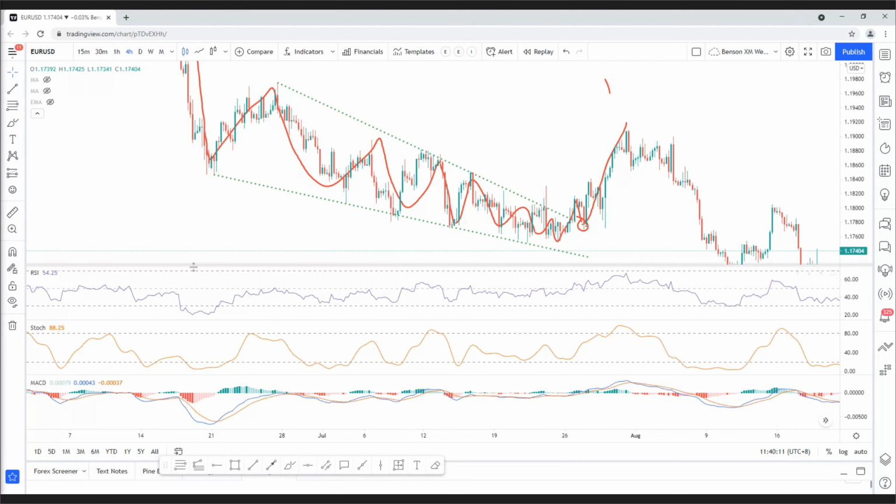So I've put up RSI, stochastic, as well as MACD.